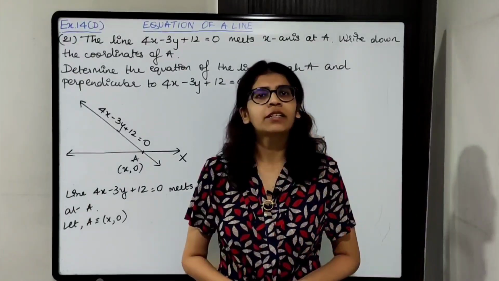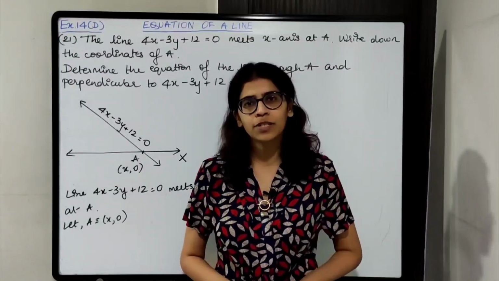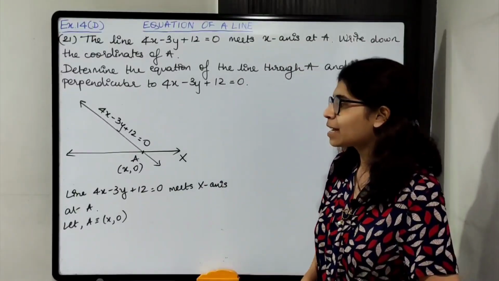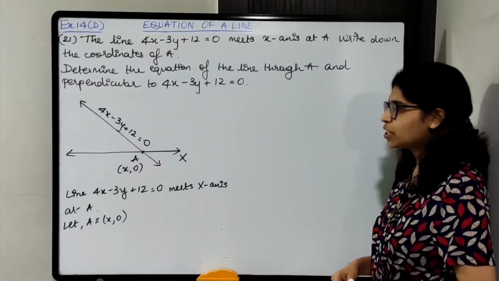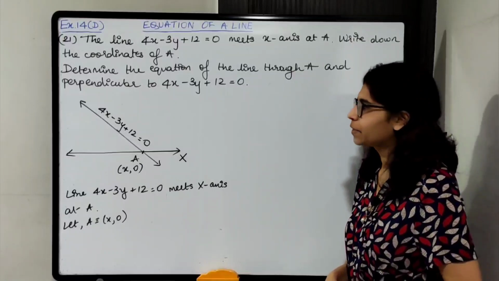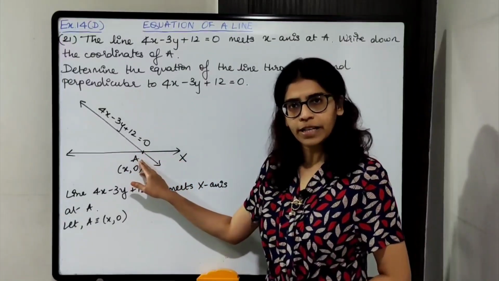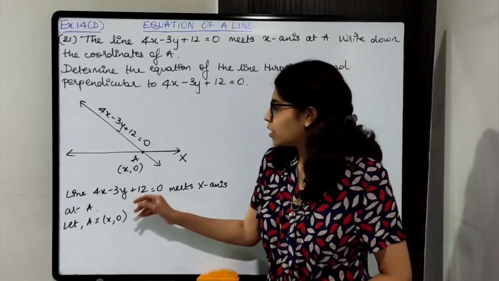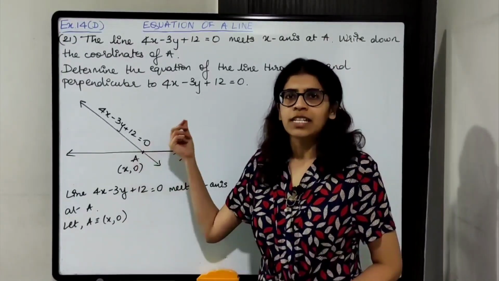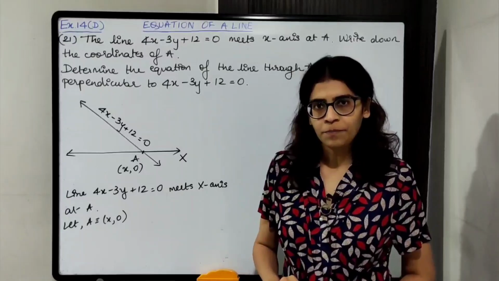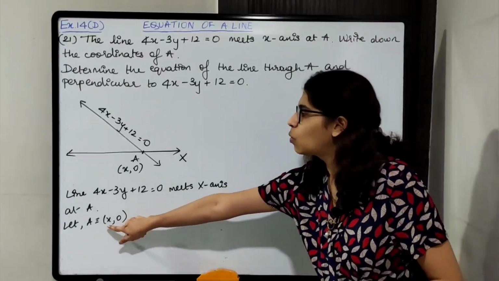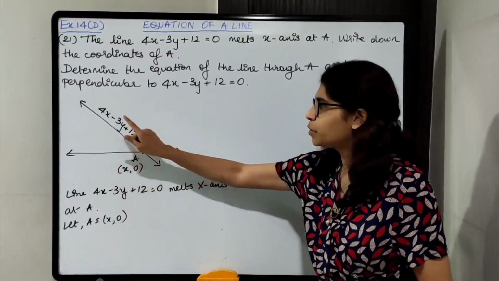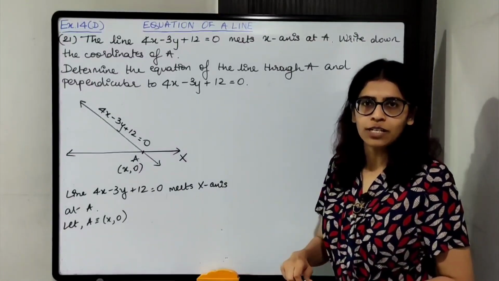So first let us find out the coordinates, then we'll proceed to the second part of the question. Okay. First draw the figure and then write down the statements. So write down line 4x minus 3y plus 12 equal to 0 meets x-axis at A. It is cutting x-axis at point A. A we are taking as x comma 0. Y coordinate 0 होगा because it is lying on x-axis. Okay. Now the coordinate values we can substitute in the equation because it has to satisfy the equation.